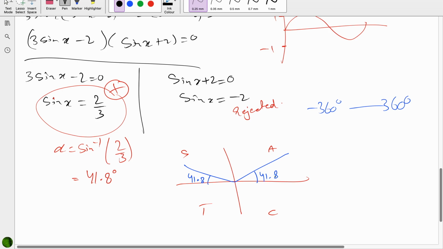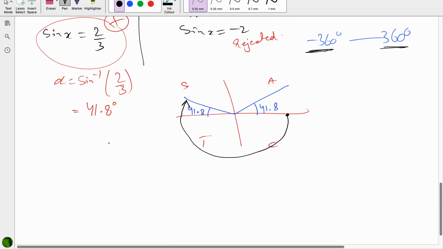Okay, now these are the two angles. We know we have to cover from negative 360 and 360 both. So if I start with negative 360, I'm going in anti-clockwise direction. This is my first answer. So this would be, I can see this is 180 plus 41.8. So when you add them, you get 221.8, but with a negative sign.